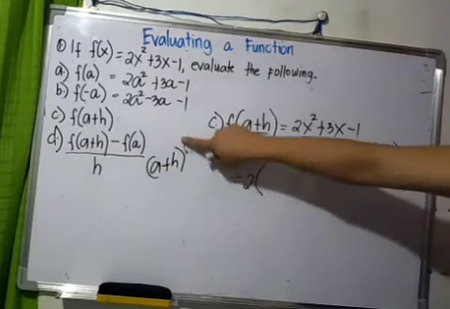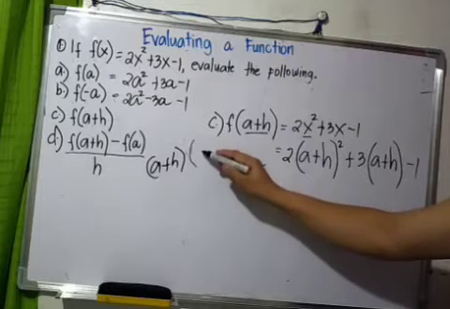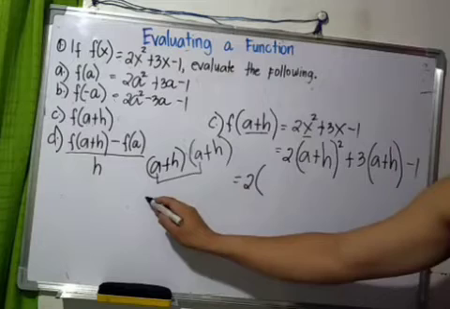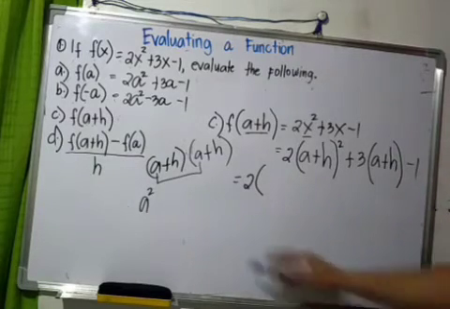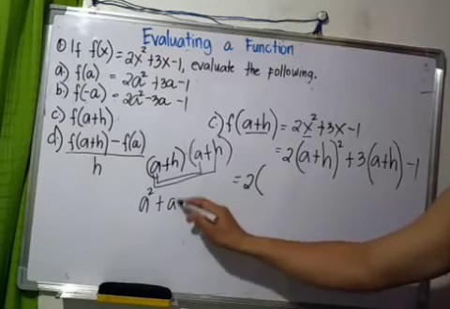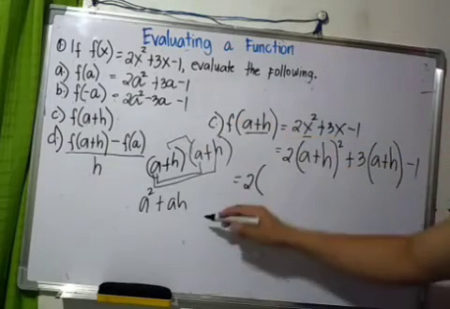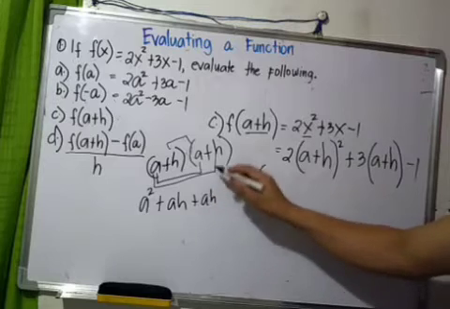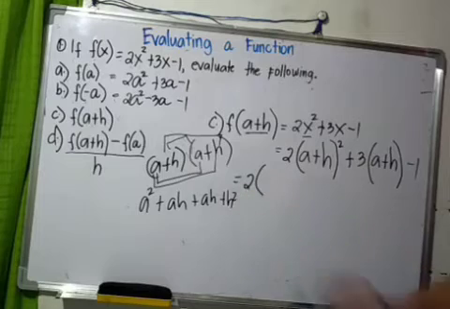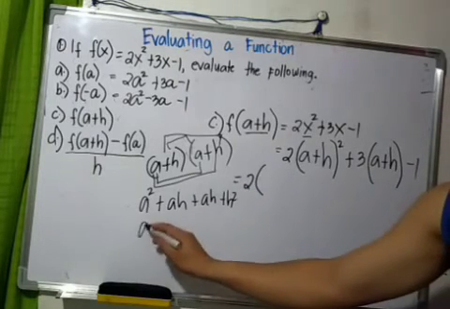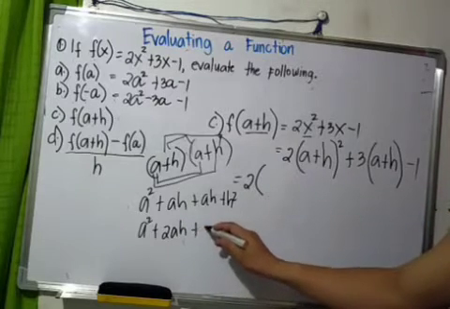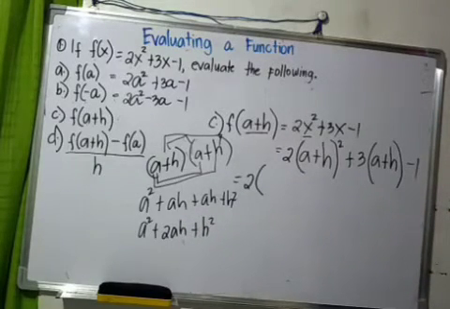So, meaning multiply a plus h times a plus h. So, a times a, that is a squared. Then, a times h, that is ah. And this one, that is ah. Then, last term is plus h squared. So, that is a squared plus 2ah plus h squared.